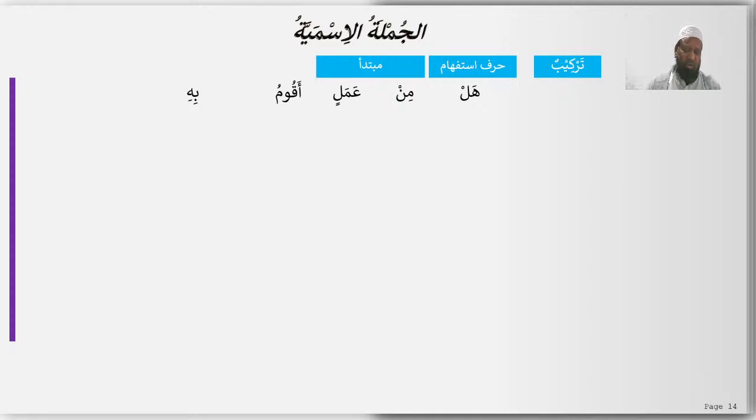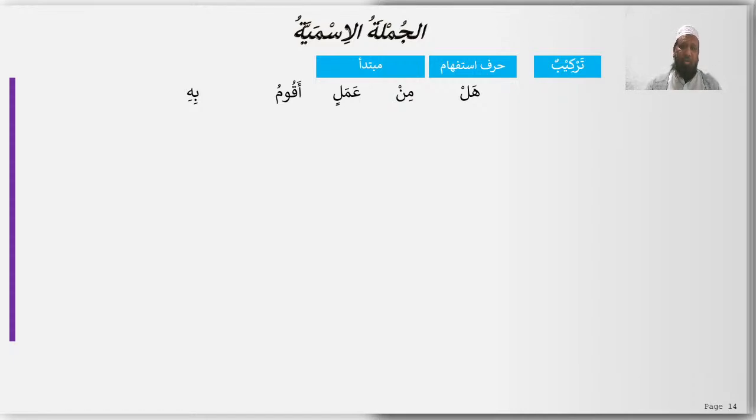We'll learn them slowly. Today we've learned two of them: if nakira ism comes after harful nafi, or after istifham, then the mubtada can be nakira.